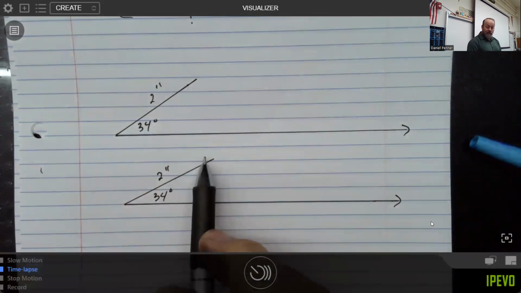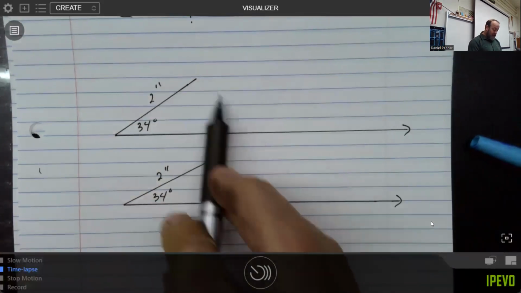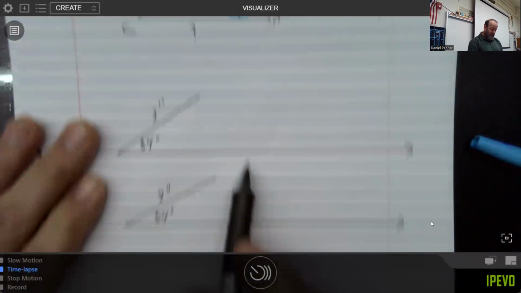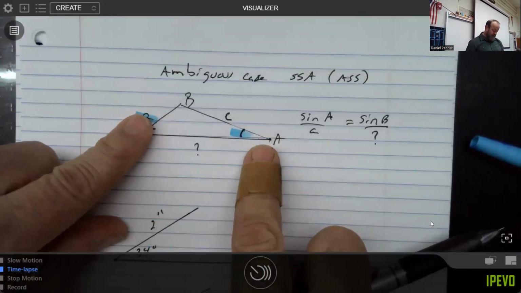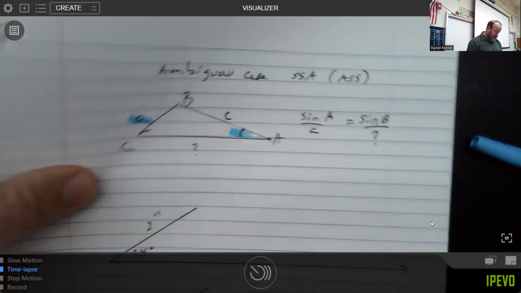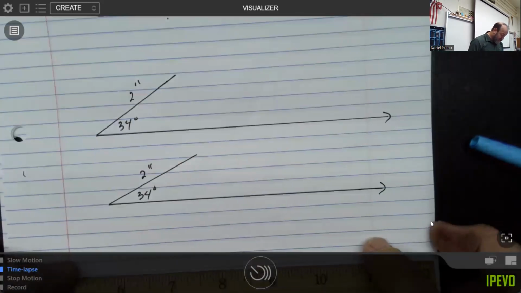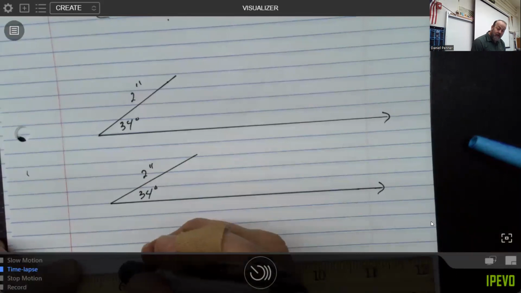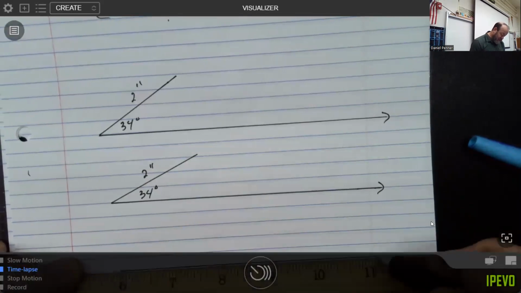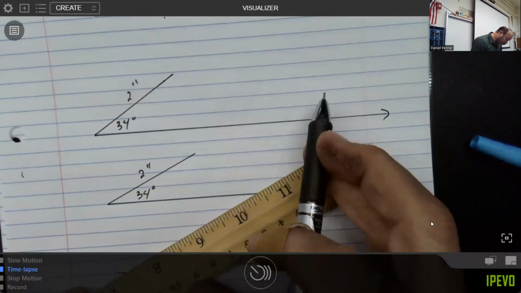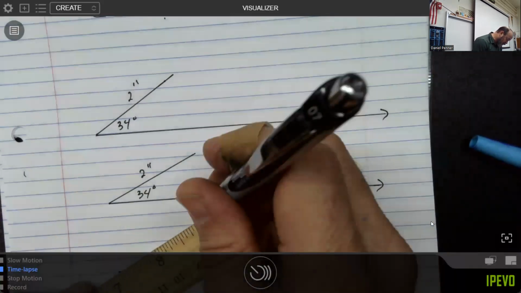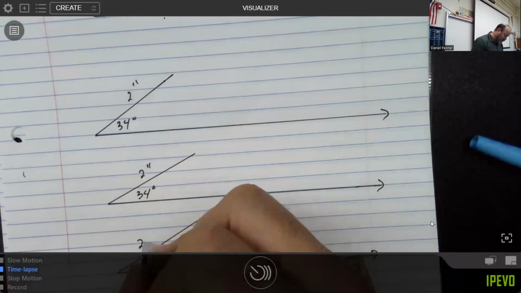I'm going to give you one more side that's out here across from the angle. Again, the only angle I have is A, and I'm going to give you a side that's across from that angle, but we're going to look at it a couple of different ways. I'm going to do one more down here at the bottom, because there are actually 3 cases. So here we go, one more nice little 2-inch section.